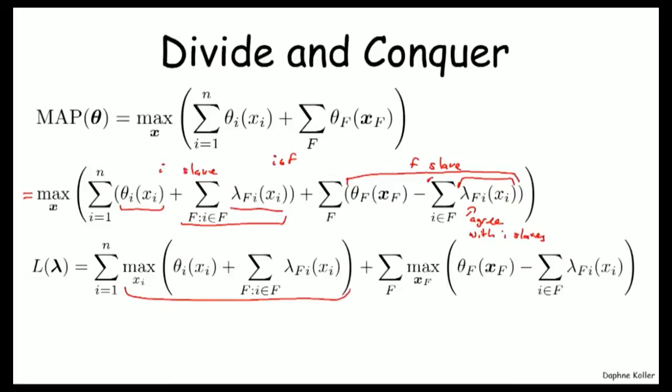So you can think of these penalty terms as messages from or between f and I. They're their way to communicate: for f to communicate to I what it thinks ought to be done, and for I to communicate with f at the same time.